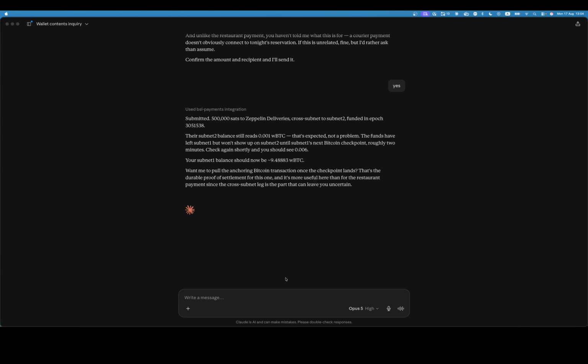In Bitcoin-IPC, all cross-subnet transfers are routed through Bitcoin. So our AI model can use this information and prove exactly where our money went and how it was routed.